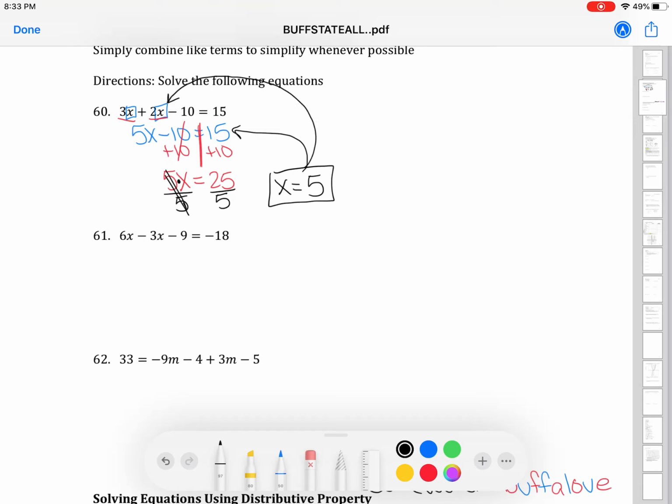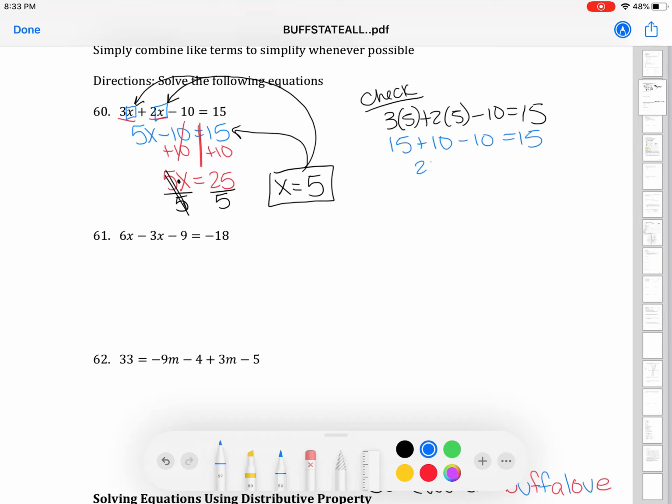Now again, you never need to check, but if you wanted to check this one, you can check it in this equation after you've combined like terms, or the better option is to always check it in your original, and you just have to plug it into both of those. So I'll just show you one check for an example like this. It would be 3 times 5 plus 2 times 5 minus 10 equals 15.